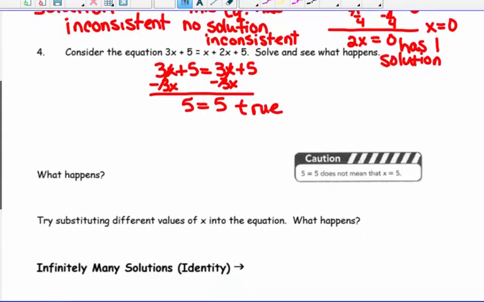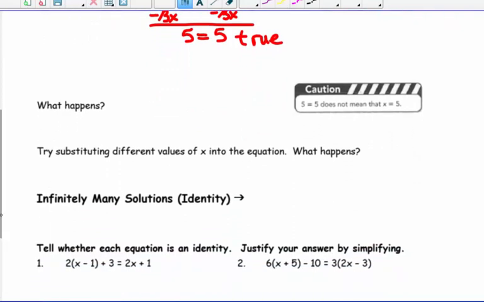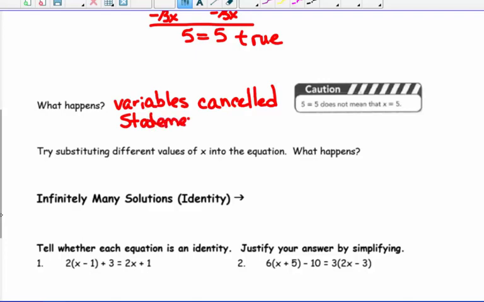The variables cancel, but the statement is true. So the variables canceled, and this statement, 5 equals 5, the resulting statement is true. Those numbers equal each other. It's not false.